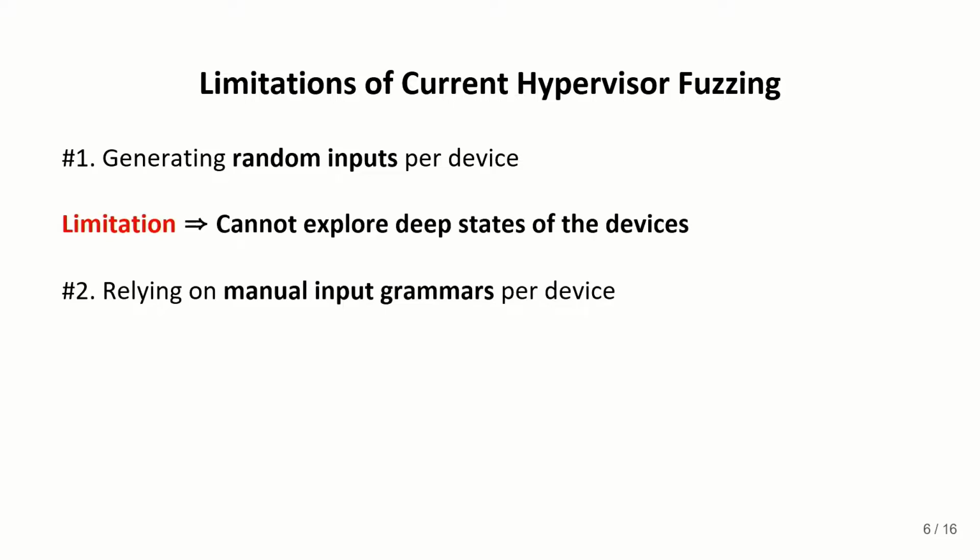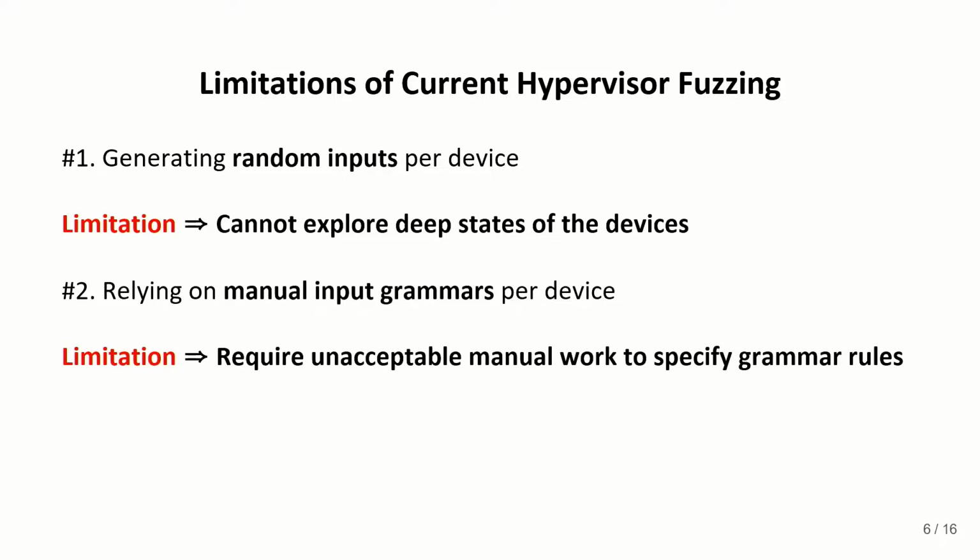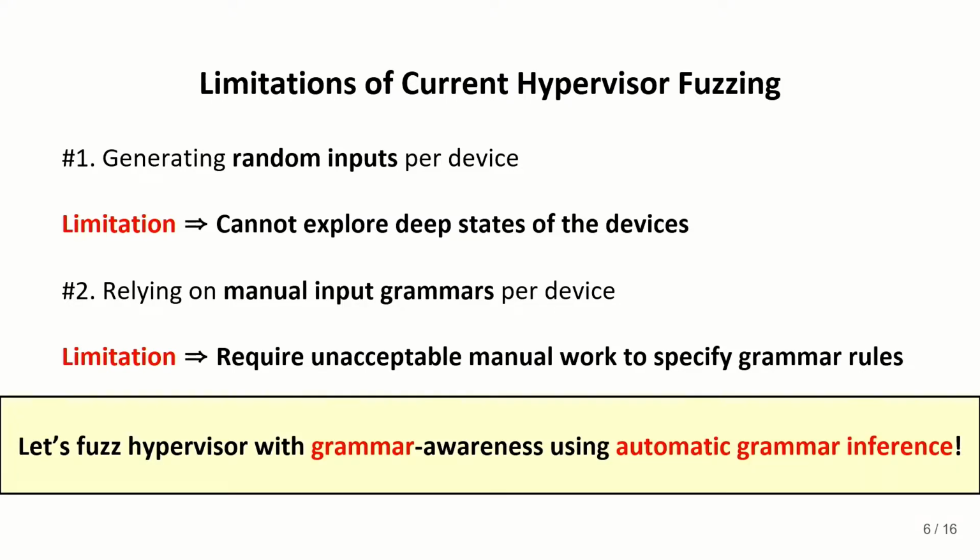First, random input cannot generate the correct input format, so it fails to explore the deep state of the devices. Second, manual input grammar specification is non-trivial and costly. So we wanted to solve these two limitations by fuzzing the hypervisor with automated grammar inference.